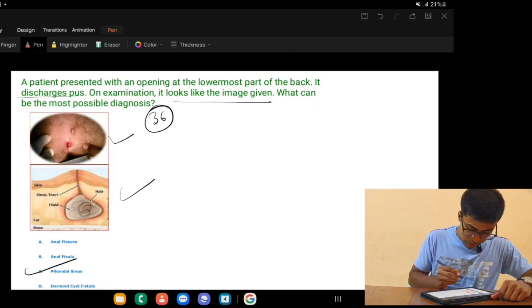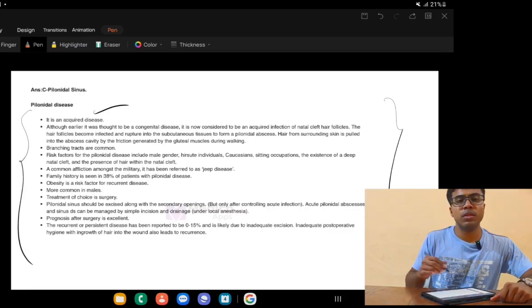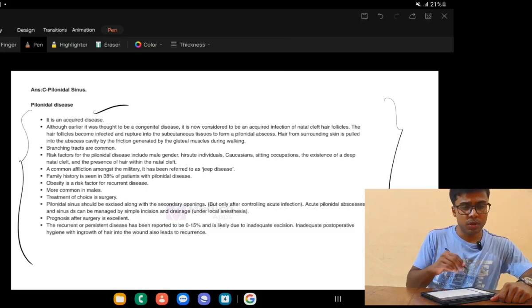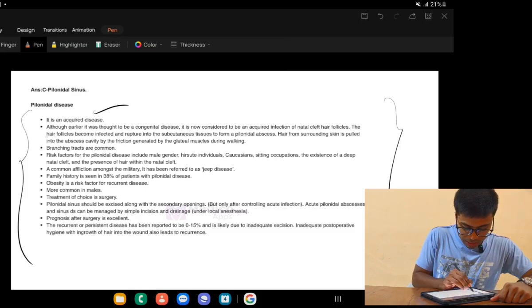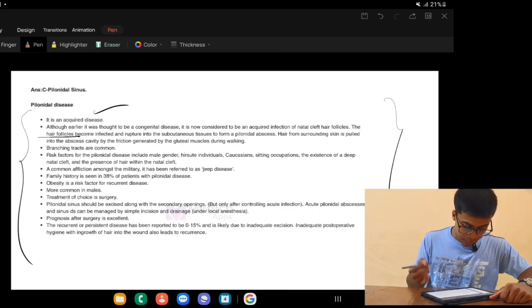I will go with pilonidal sinus, but you should know a few more things about it. It is an acquired disease. In a very hairy region, it may cause a furuncle-like thing, or a hair follicle grows within the sweat gland, and that can cause a pilonidal sinus.